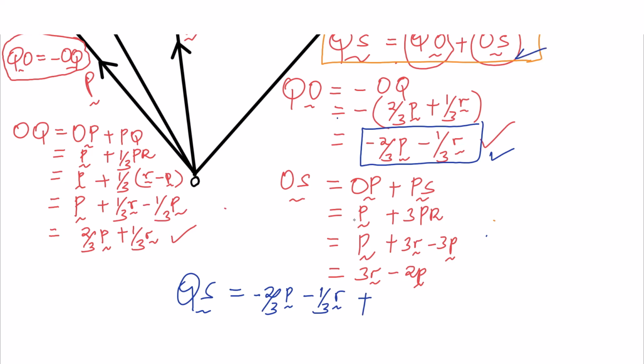OS is there, so we add OS, 3r minus 2p. The only thing you need to do here is to collect the like terms together.